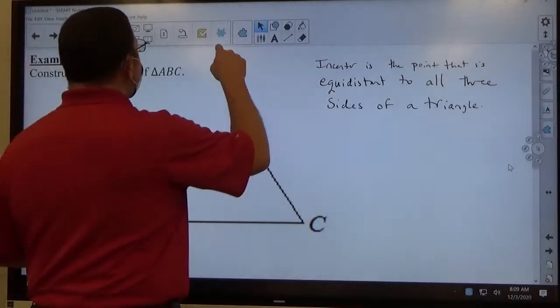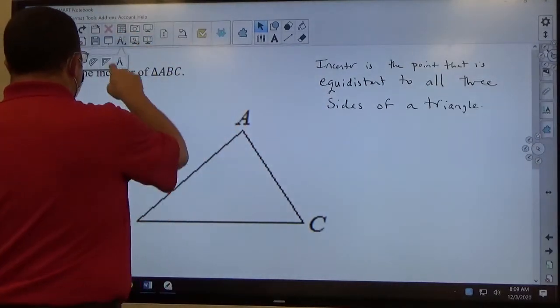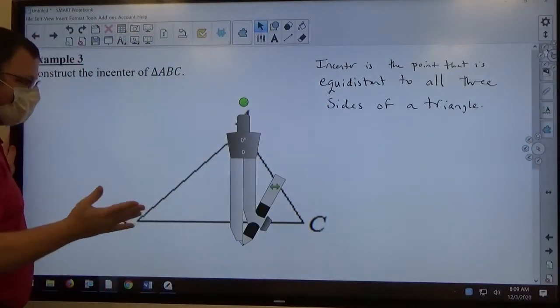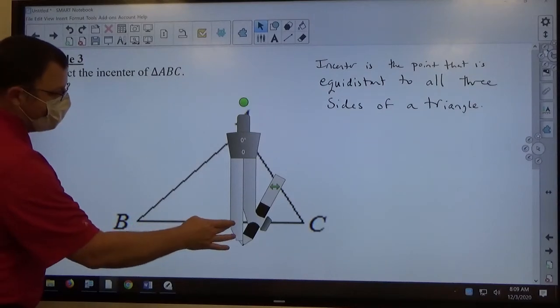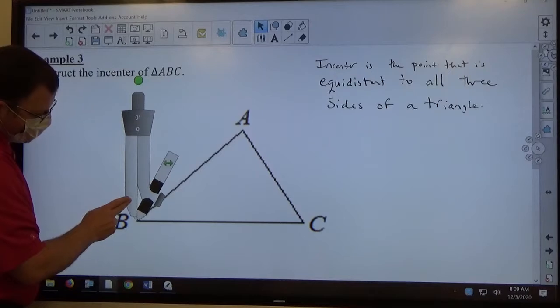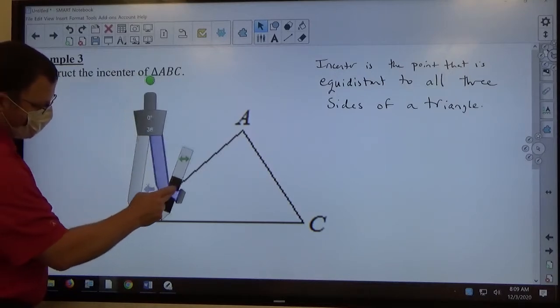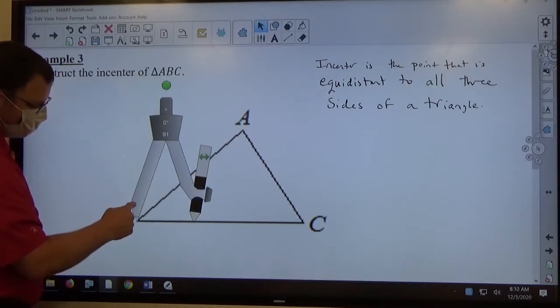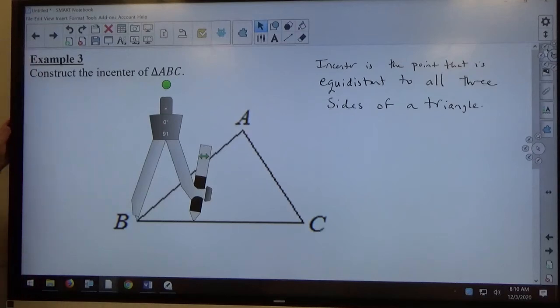So first step is you grab your compass, and I'm going to bisect an angle. I'm going to just choose angle B to bisect. I'm going to place my compass point at B, open up my compass to a comfortable radius. The radius here does not matter what you pick, but you don't want a really tiny radius. You'll notice when you're using the compass, the wider open it is, the easier it is to draw a circle, right?